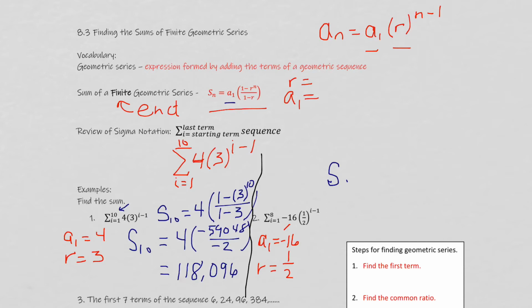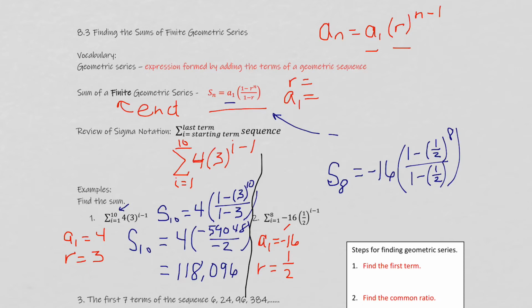So I want to do sums of 1 through 8. And I'm going to do negative 16, using this formula right here, 1 minus 1/2 to the 8th power. Oops, sorry, I don't need the minus 1. Got a little carried away there. Just to the 8th power over 1 minus 1/2.